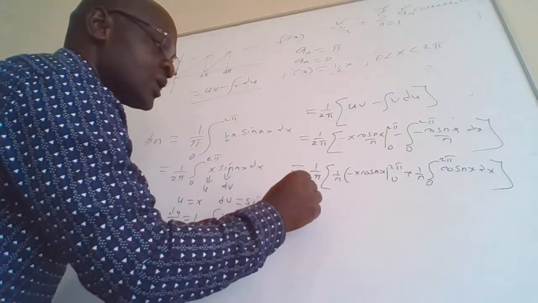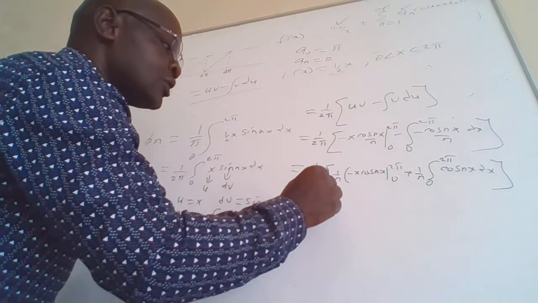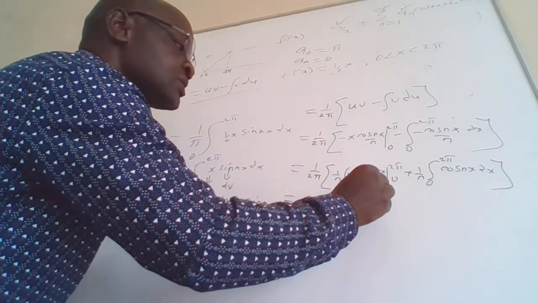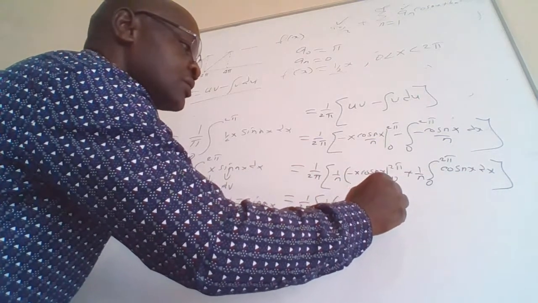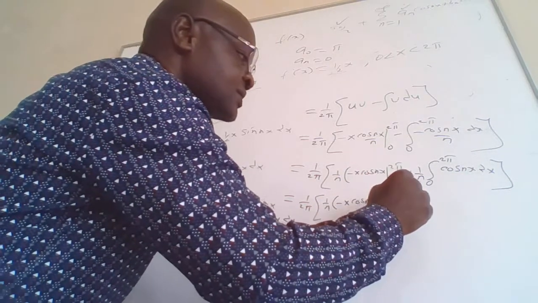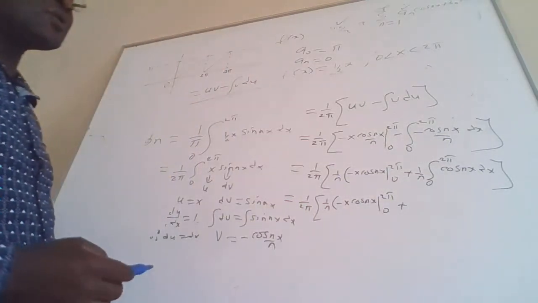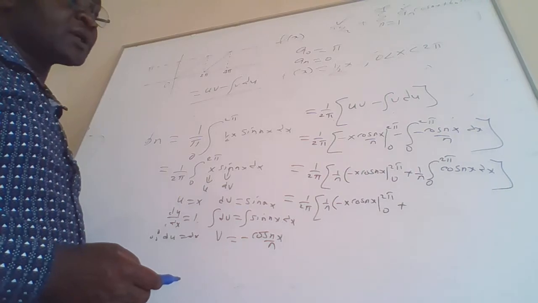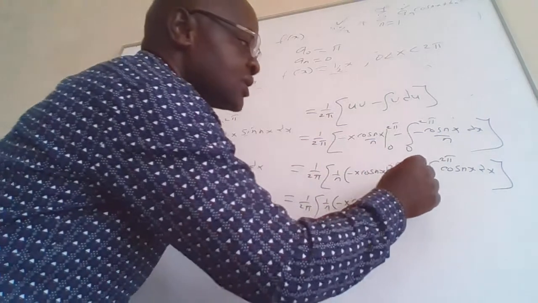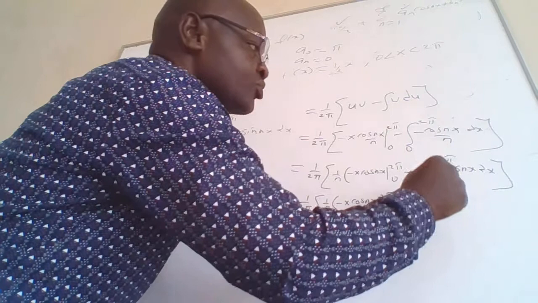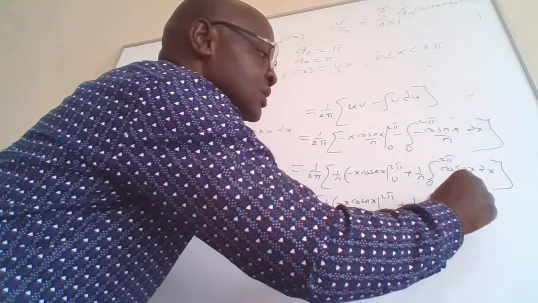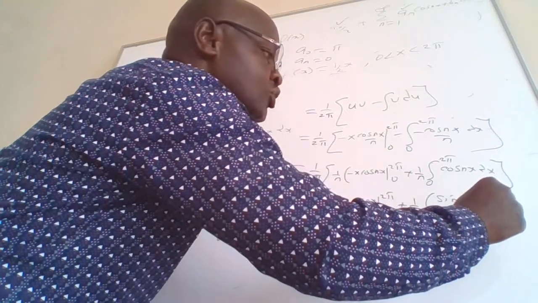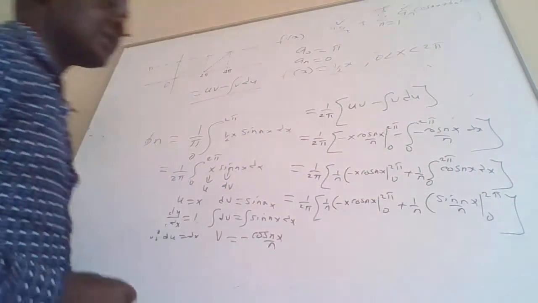So this equals to 1 all over 2 pi, 1 all over n into minus x cos nx from 0 to 2 pi, then plus. We now integrate what? We integrate cos nx. When you integrate cos nx, we get sine nx all over n, from 0 to 2 pi.